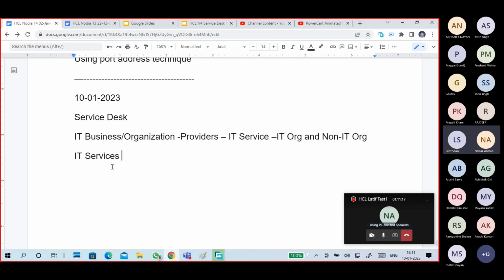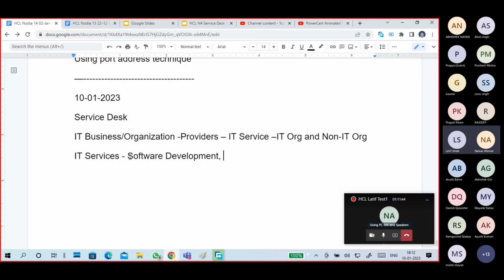What are the IT services, and why will IT organizations and non-IT organizations use them? So what are these IT services? One is software development. You know that one. Development, like who will build our applications?